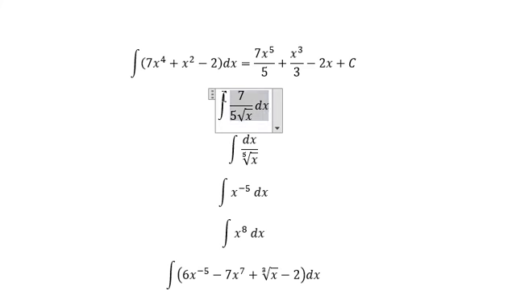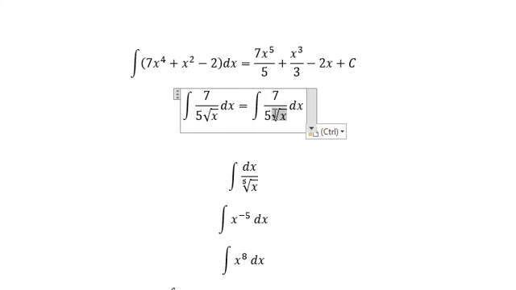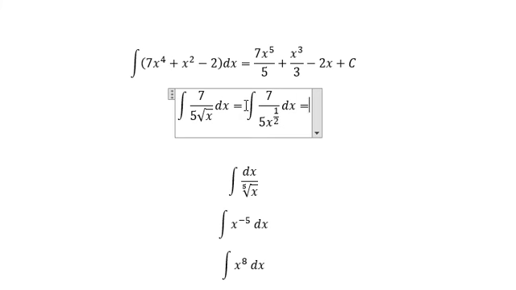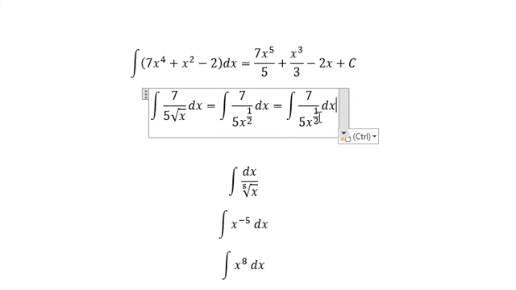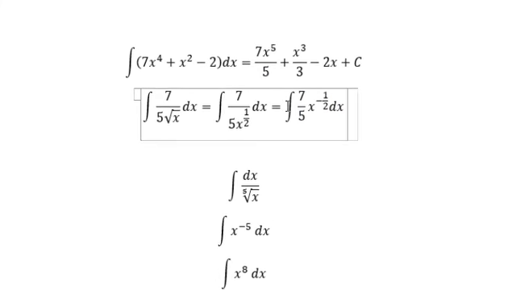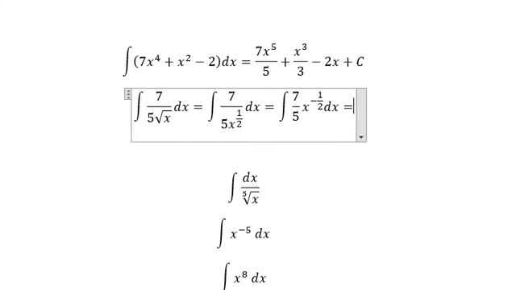For this one, we can write into s to the power of 1 over 2. Because this is denominator, we can write to numerator. That should be like this. And now we get the final answer.